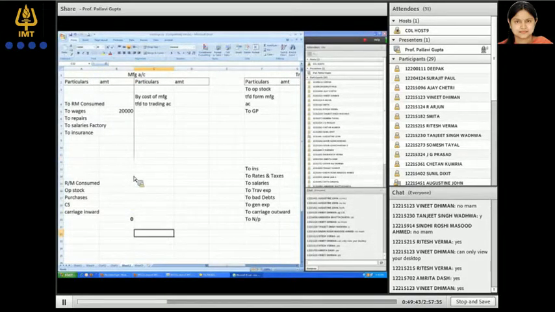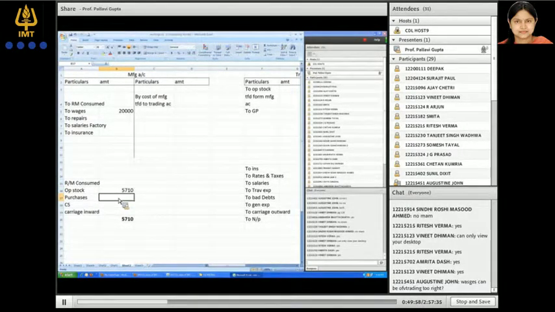Right. Raw material consumed here, I will take opening stock, I will write here 5710. Then purchases. They have not given purchase of raw material separately, but it is a manufacturing concern, so I will take it as purchase of raw material only, 88274.